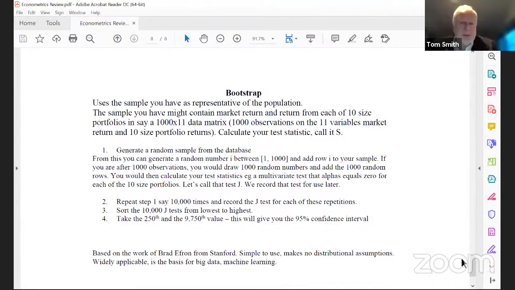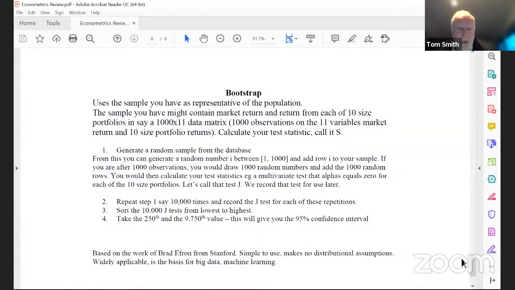So I might have 1,000 months of data on each of those 11 returns. Say I wanted to calculate a test statistic for a test, I'd generate a random sample from the database. Since I've got 1,000 months, I'll just choose a random number between 1 and 1,000, and I'll pick out that row of this 1,000 by 11 data matrix.